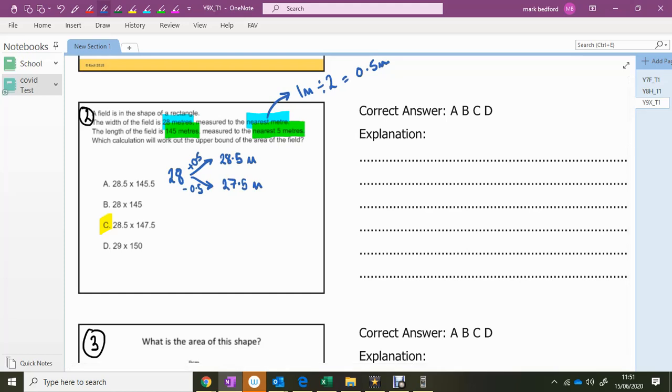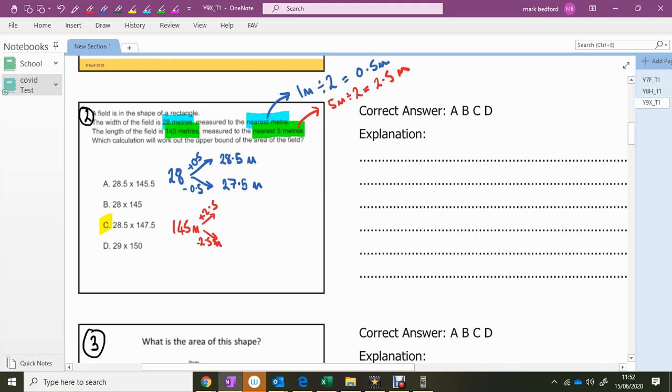When we're looking at the 145 meters, here we've measured it to the nearest 5 meters. So again, following our rules, we always divide by 2 to find out what we need to add and subtract. We add on the 2.5 meters to find the upper bound, and we subtract the 2.5 meters to find the lower bound.